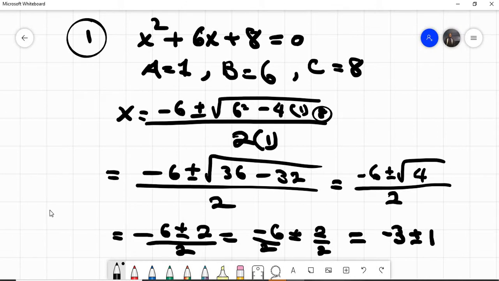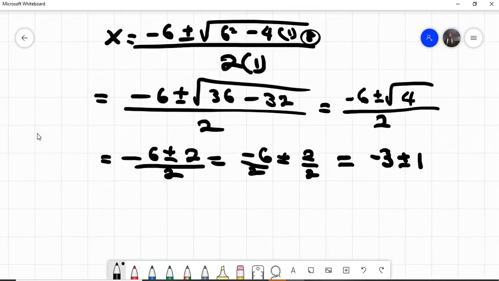So then we can continue to here. Then x, the whole thing we are looking for. We have to find what x's value is. So we're going to use it twice. One is minus 3 plus 1, or minus 3 minus 1.